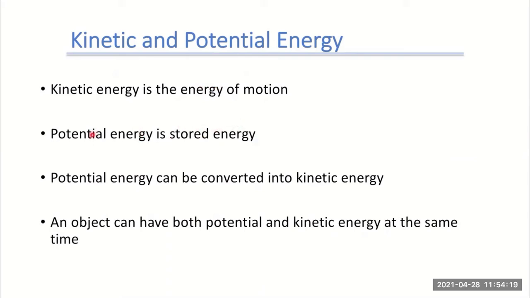In chemistry, that's when we have our atoms locked into place. They have the potential to have more energy and move, but they're locked into place. Potential energy can be converted to kinetic energy. Objects can have both potential and kinetic energy at the same time.